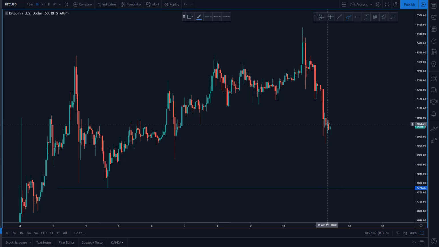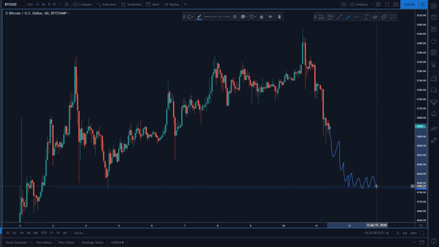One thing that is worth mentioning here is if we get to this area here and then we form a correction right here, this area here is less probable to play out than this area here. So why is that? Because we're here at the low.